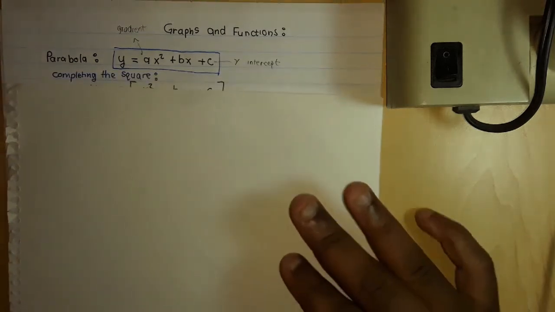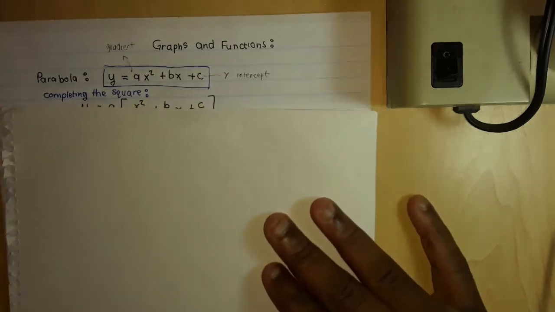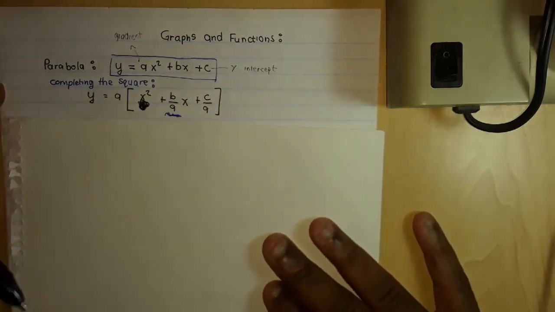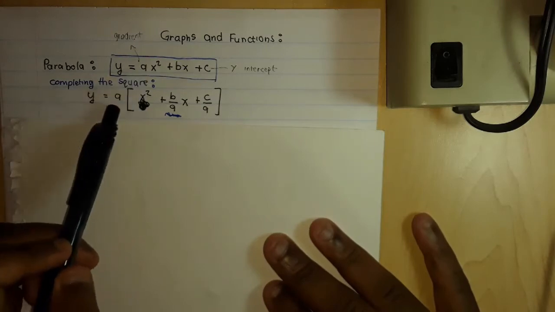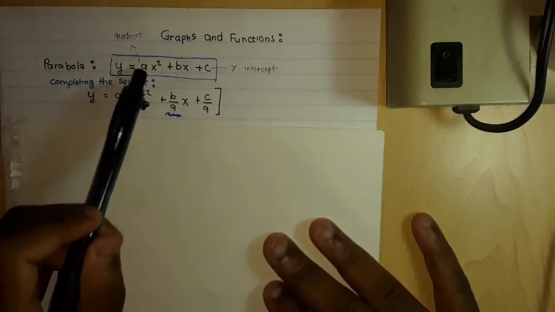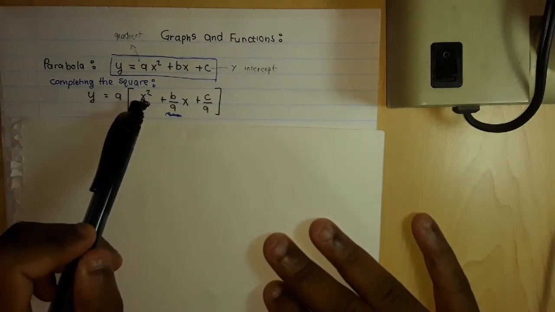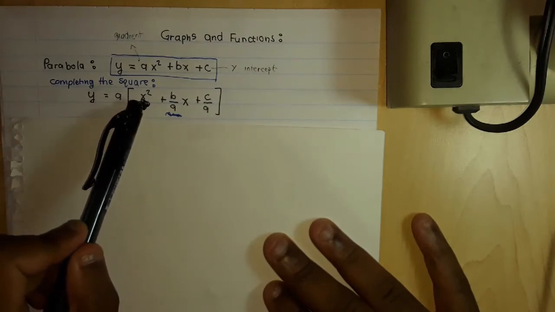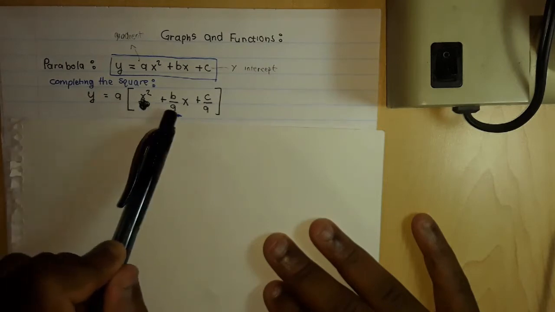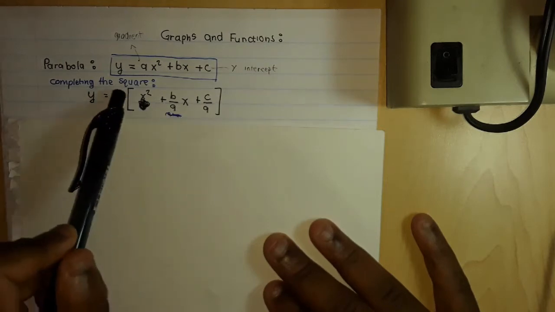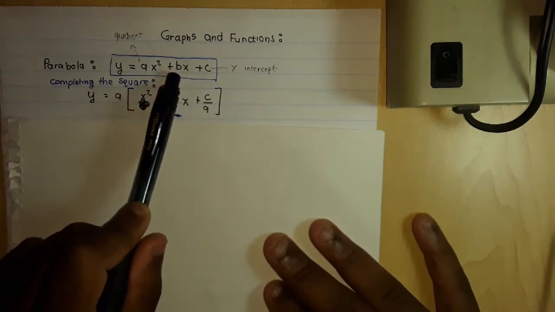So remember what I said, when completing the square you want to achieve a value of 1 here. So if you're looking at this, we just factor out a so that we can achieve 1. If you factor out a, we'll be left with 1, and in order to compensate for the fact that we factored out a, we divide by a here so that it cancels at the end of the day. We don't lose the original structure of the equation.